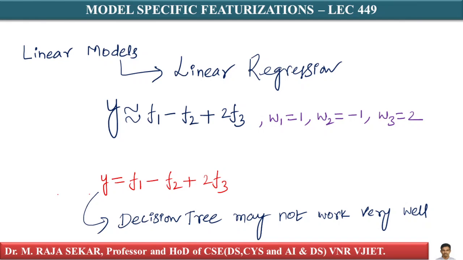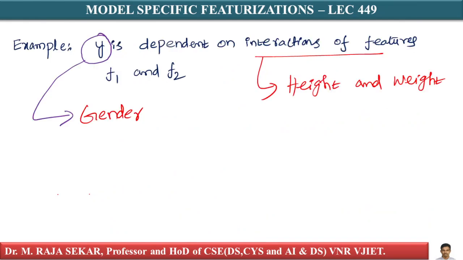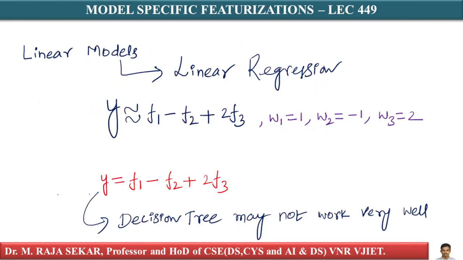Decision trees are basically if-else conditions, and decision trees cannot capture these types of relations, y approximately equal to F1 minus F2 plus 2F3, as neatly and as cleanly as linear models.